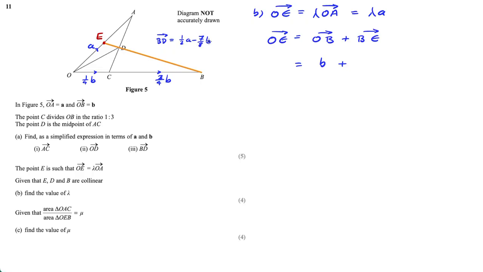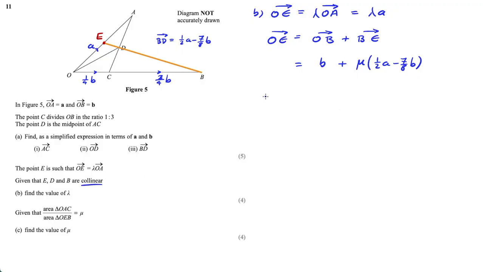Okay, so I'm going to actually say that BE is some multiple of BD. So it's B plus some multiple, let's say mu, of BD. So BD is a half A minus 7/8 B. Now I can do that because of this, and this is like a key part of the question, because they're collinear.